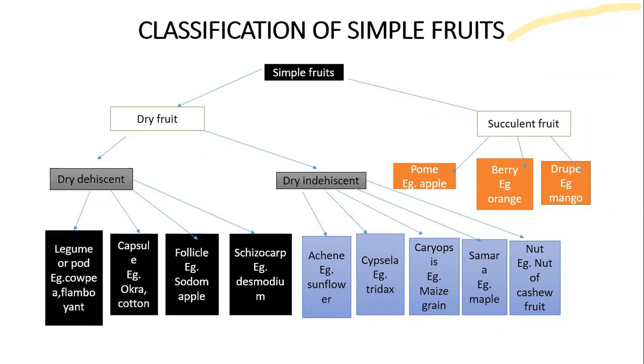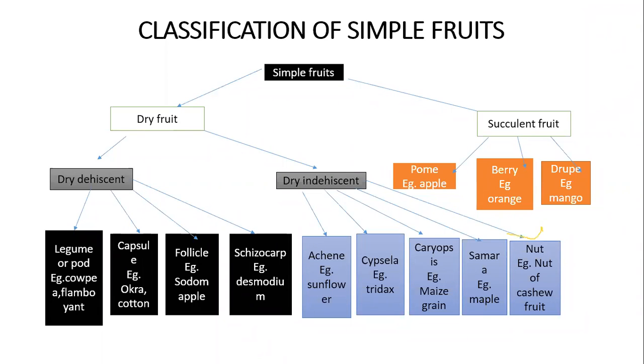Now with the succulent fruits, their pericarp, that is their fruit wall, the fruit around the fruit, that's what you can see, remains juicy, succulent, and fleshy when the fruit ripens. So when the fruit is ripened, on my kind of tree says adina abrea, it still looks fleshy, juicy, succulent.